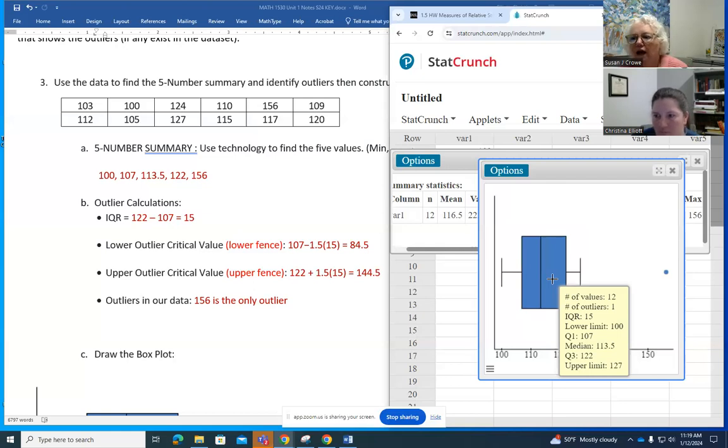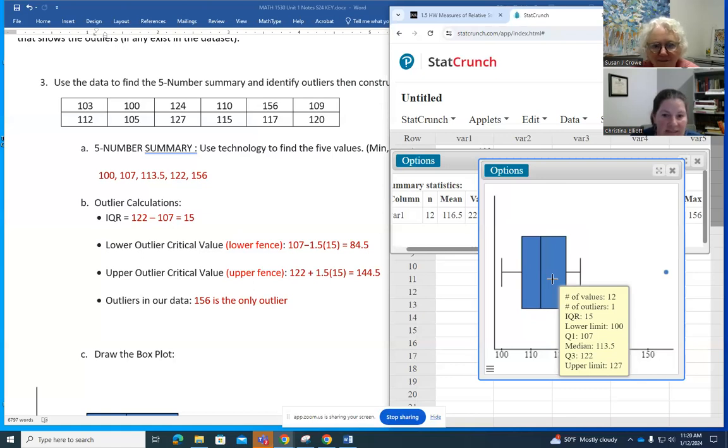So also what we're saying is if we ask you to calculate the lower fence and the upper fence, don't trust StatCrunch to tell you what they were. Exactly. You need to calculate them because 84.5 is the correct answer if we ask you what the lower fence is. And same for the upper fence. We get 144.5.